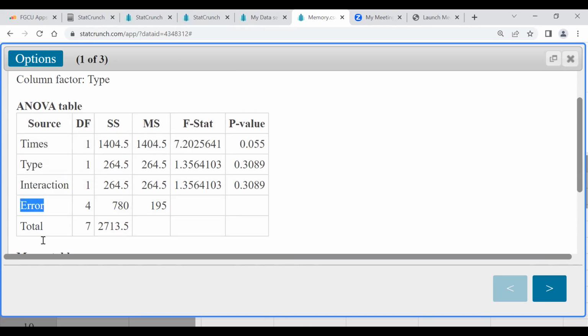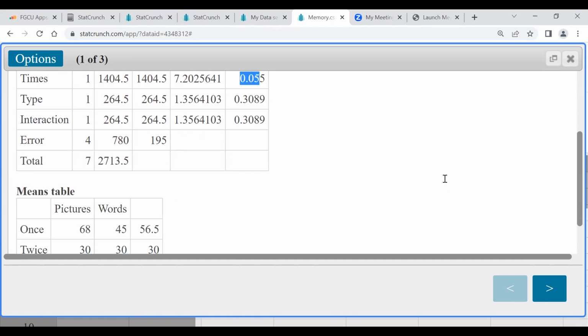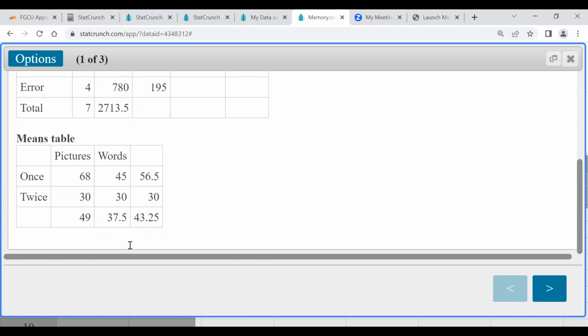Error is simply within. Good. So the p-value for each case is 0.055, 0.3089, and 0.3089. That is our means table.